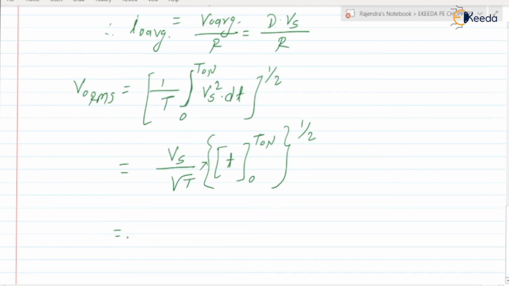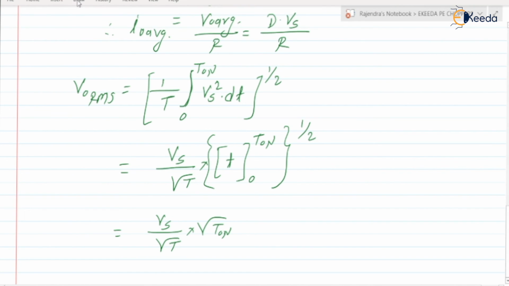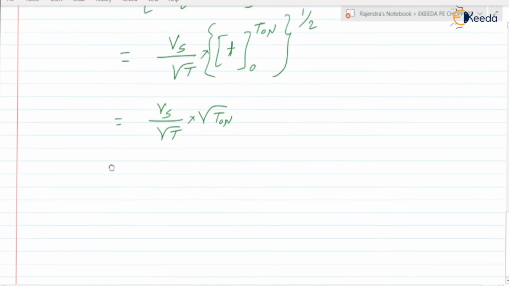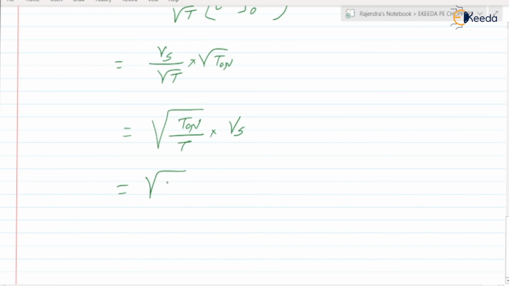So this is equal to Vs by root T into root T on. So root T on by root T can be written as under root T on by T into Vs, that is nothing but under root D into Vs. Okay, this is the V0 RMS we are having.